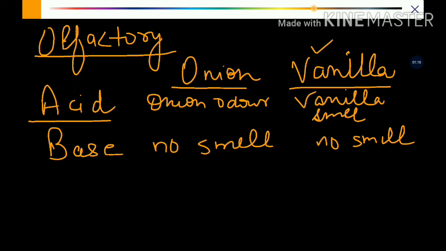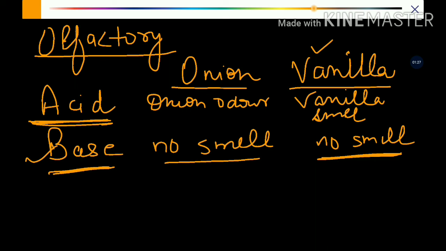So if the smell changes, that means the medium is basic. If you put base in onion, the onion's characteristic smell will be gone, and if you put base in vanilla, obviously the characteristic smell is gone. But in case of acids, there is no change in the characteristic smell.